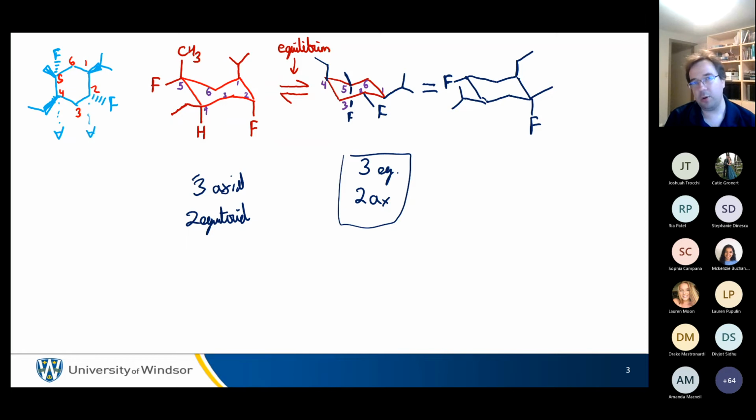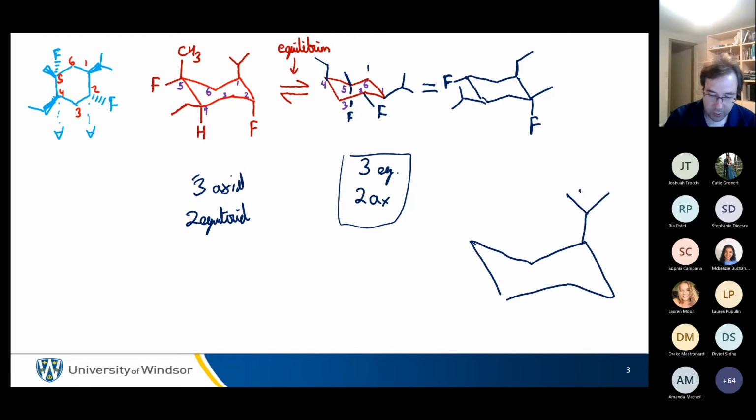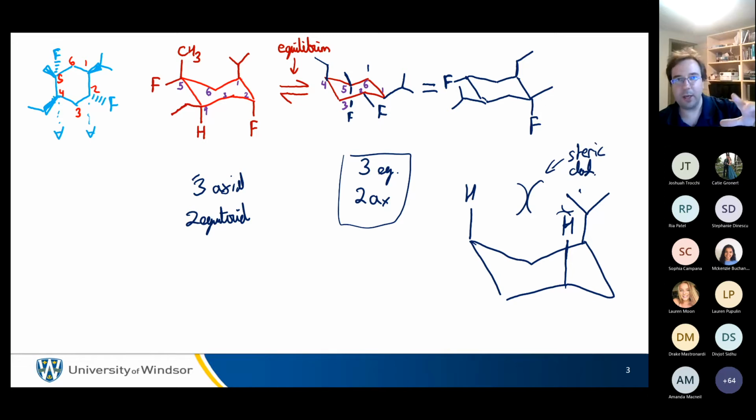Again, build your model, take a look. The problem with axial, let me draw it over here. Let's say you had an isopropyl group there. It doesn't really matter what is at the other axial positions. It can be hydrogens, the smallest things possible. But these are bumping into each other. This means steric clash. If you build a model and try to rotate an isopropyl, you'll go, wow, that's getting close.